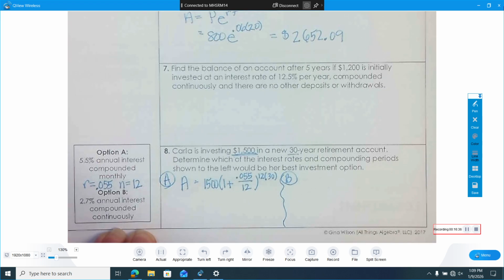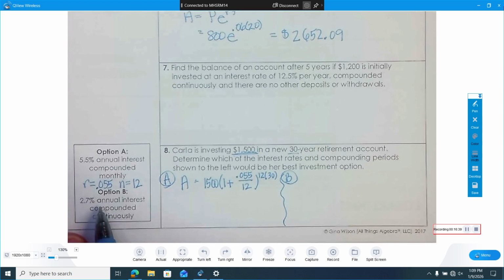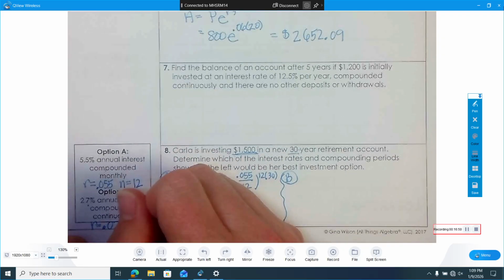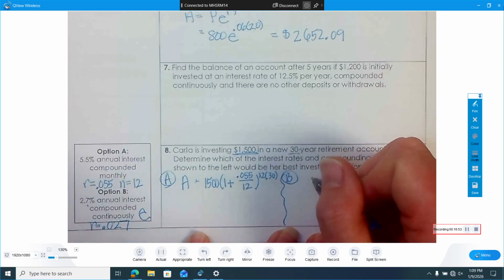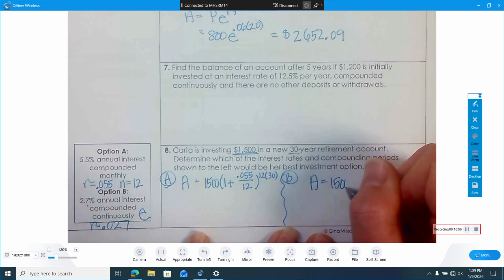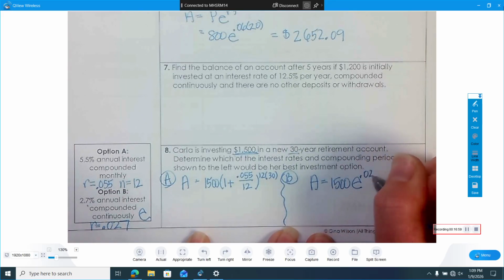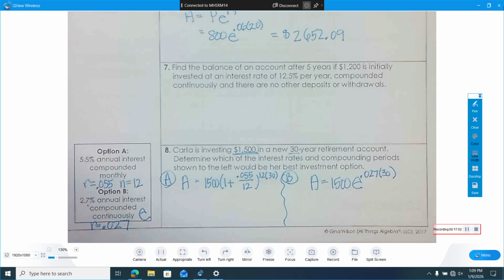So make sure you're using the right formula. And then option B is 2.7% interest. That's a lot less interest, right? Compounded continuously. So that R is going to be 0.027, but compounded continuously uses the E formula. So that's going to use the PERT model. So 1,500 times E to the 0.027 times 30 years. And then I can do all my calculator work. 1,500 times 1 plus 0.055 over 12 to the 12 times 30.